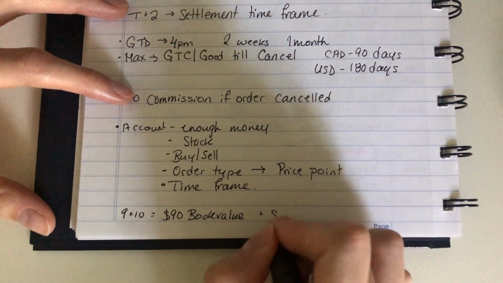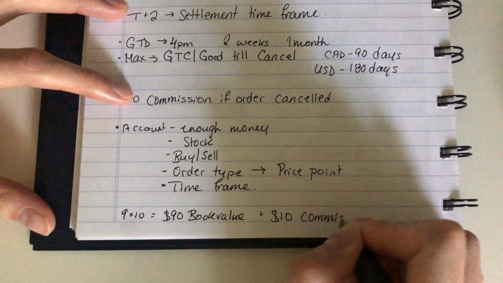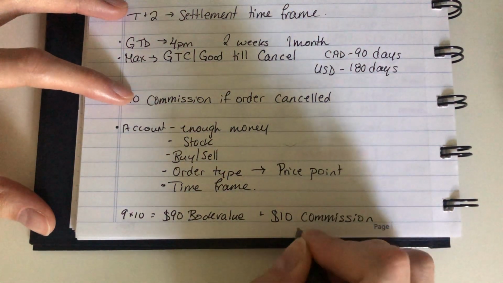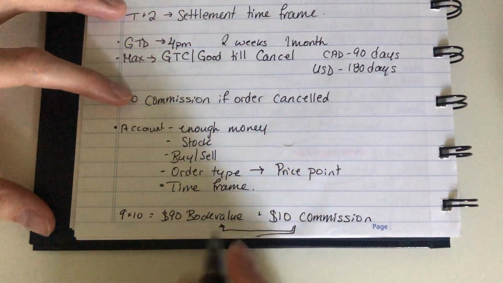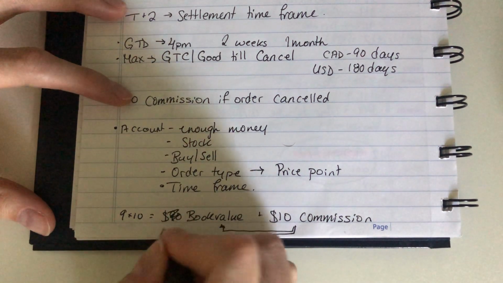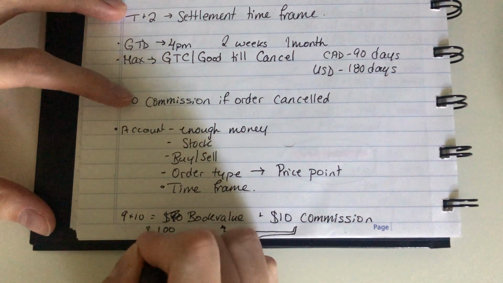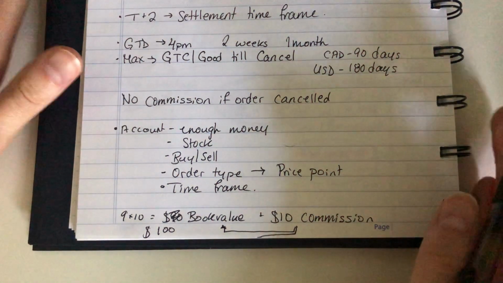And then you need to add on the $10 as well, commission. So this is actually going to be baked in to your average cost. So your book value isn't going to be $90. Your book value is actually going to be $100. Now for tax purposes, that actually makes it even more beneficial.